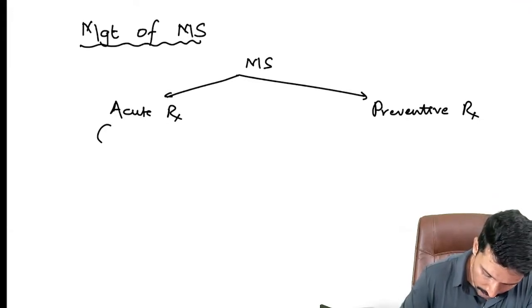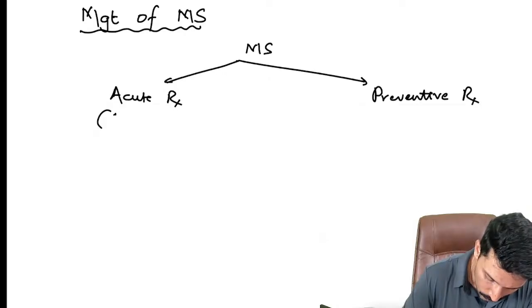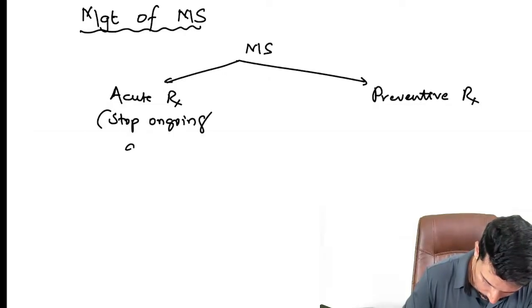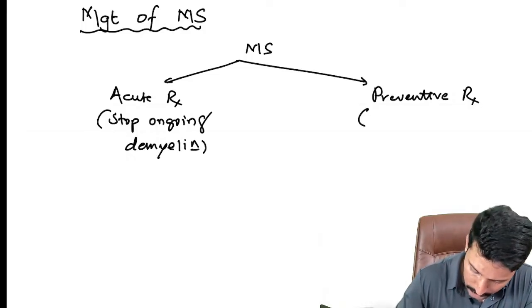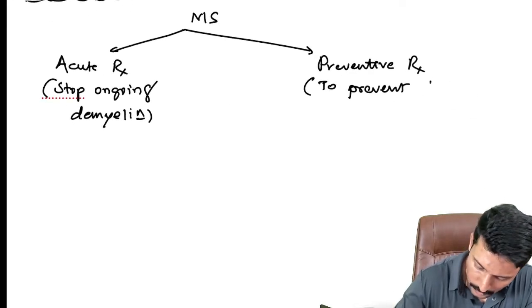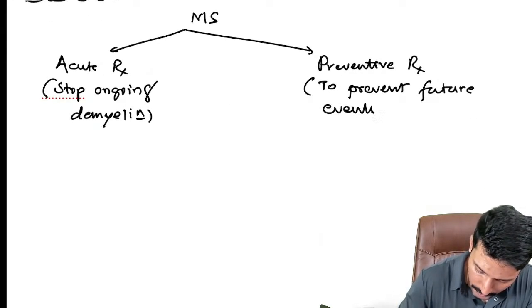Acute treatment is primarily to stop ongoing demyelination. There is a demyelination going on, we want to stop it. And preventive is to prevent future events of demyelination.